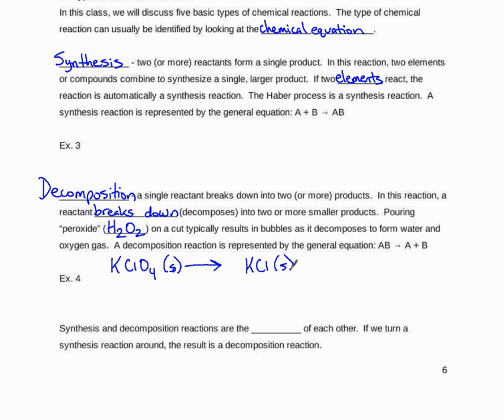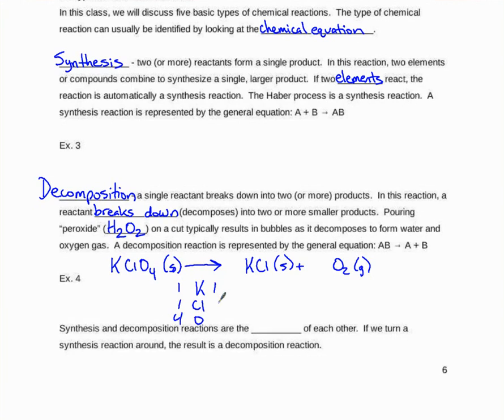Write the states in here. I can tell this is a decomposition reaction by looking at the chemical equation. 1 reactant, multiple products, decomposition. So first thing I'm going to do is count up all of the atoms that I have. So there's 1 potassium, 1 chlorine, 4 oxygens.